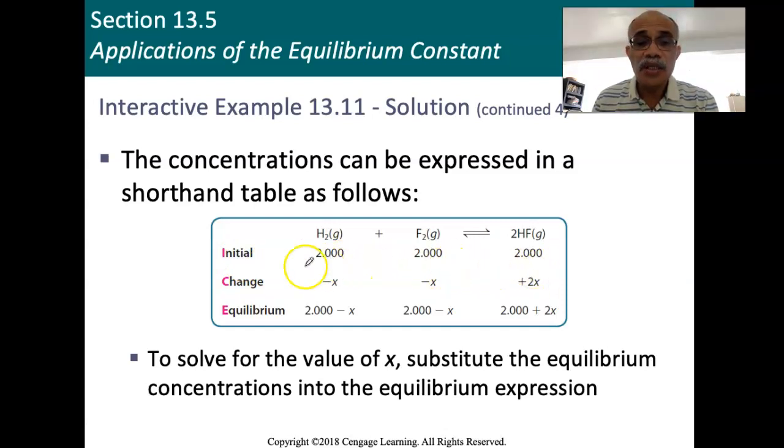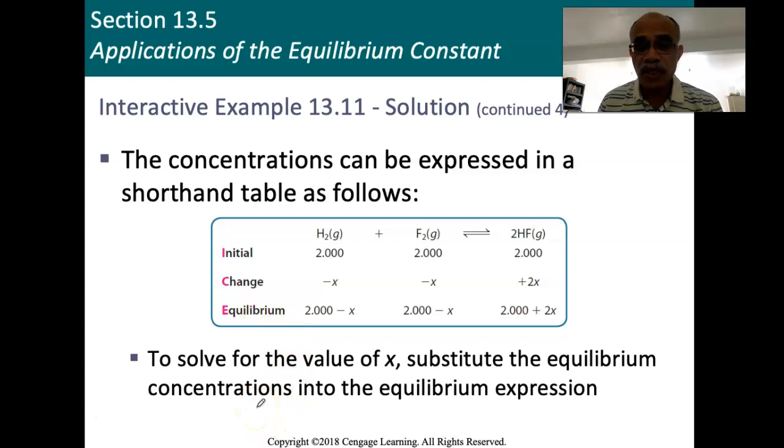Those are the initial, and the change minus x plus 2x, and now the equilibrium. So you basically take initial minus x, and then initial plus 2x. So this table here is called, in short, ICE table. I meaning the initial, C the change, and E the equilibrium.